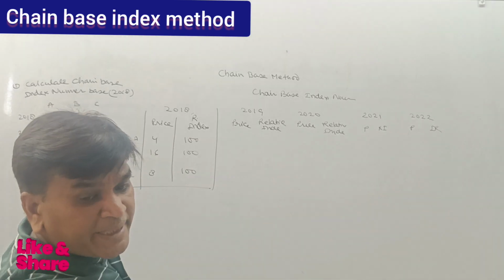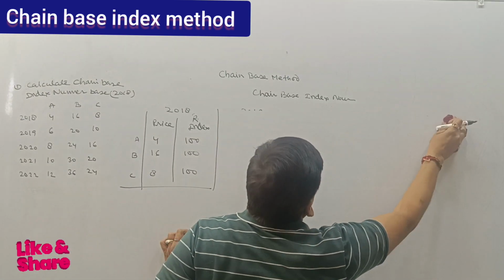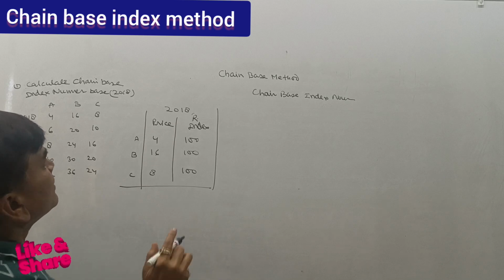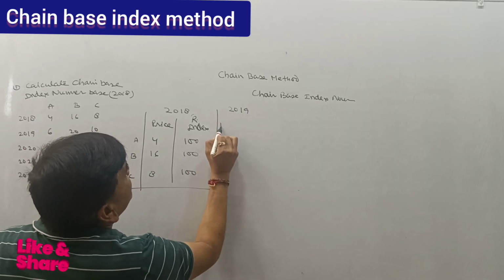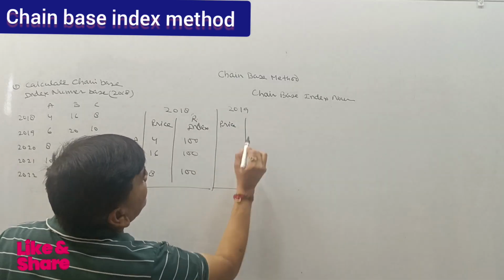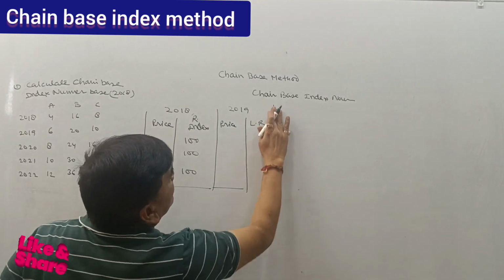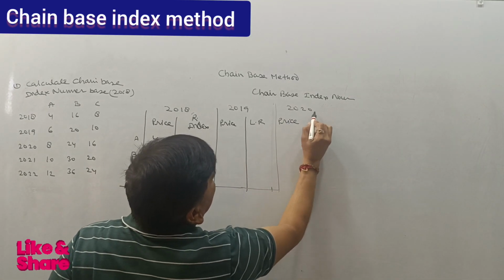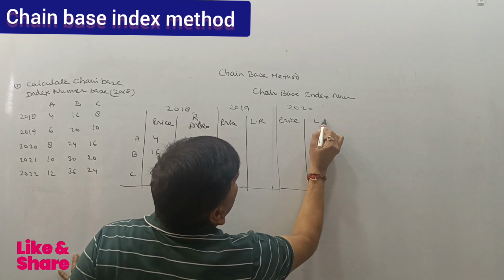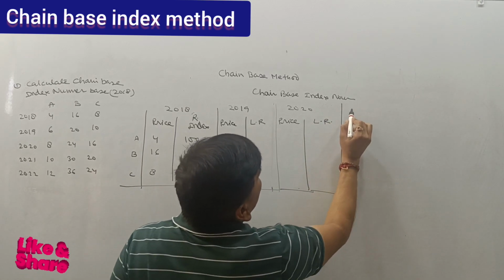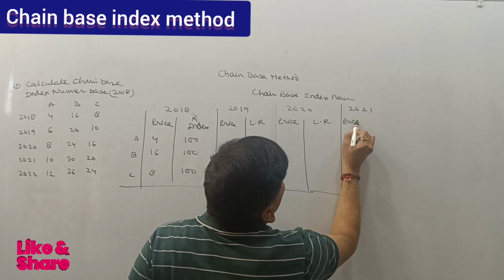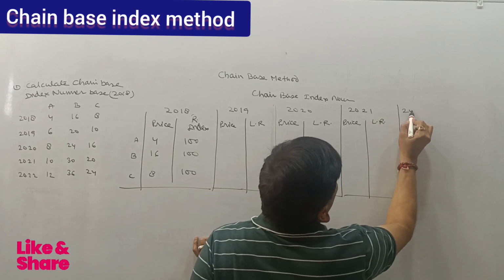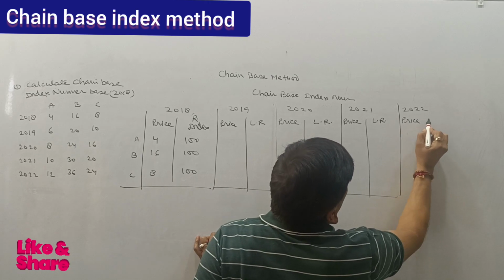Now for 2019, to save space, we have price and link relative columns. So the 2019 price and link relative, 2020 price and link relative, 2021 price and link relative, and the last one, 2022 price and link relative.